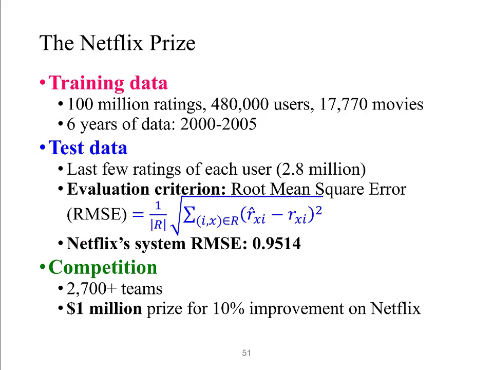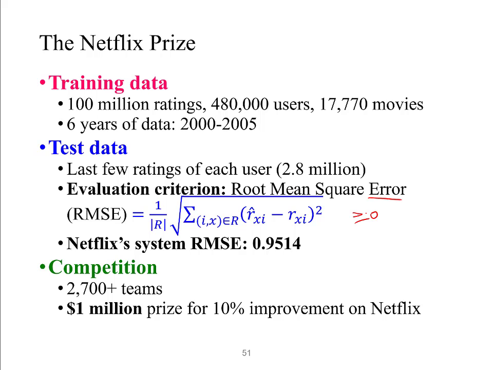The baseline of this computation, which is the RMSE of the Netflix system, is 0.95. So it is not too bad, but it is not good enough either. Just remember, because the RMSE is an error, it is always larger than or equal to 0, and the smaller the RMSE is, the better the recommender system is.